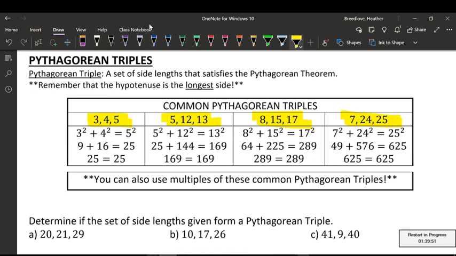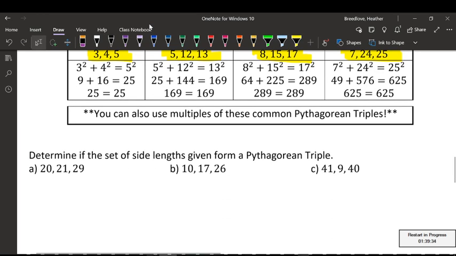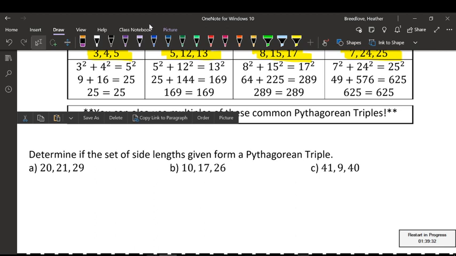These are just Pythagorean triples that are commonly used. And if you recognize those numbers, it just saves you work. It's not something you have to memorize. You can still solve for these just the same as you would solve for everything, but they're just some common known Pythagorean triples. All right, so determine if the set of side lengths given forms a Pythagorean triple.